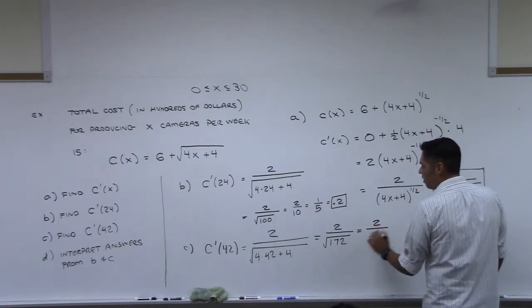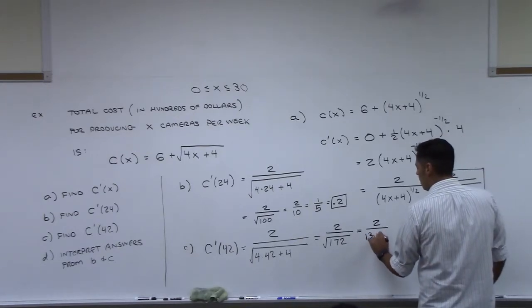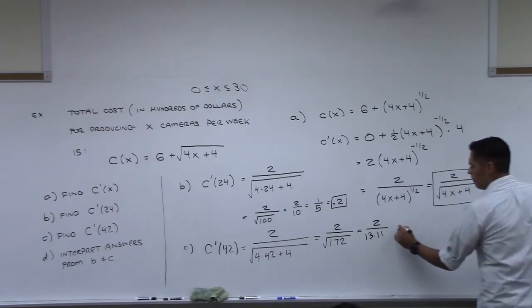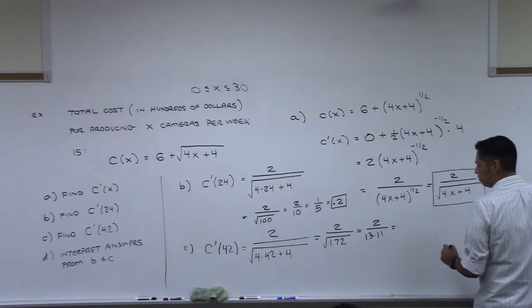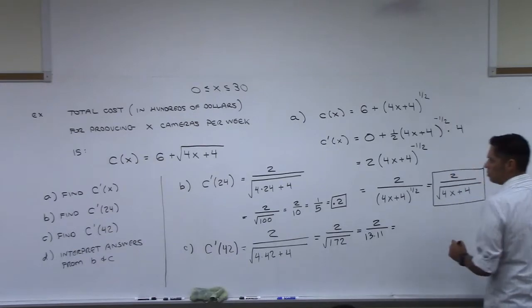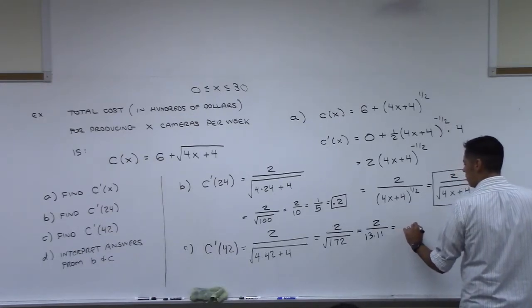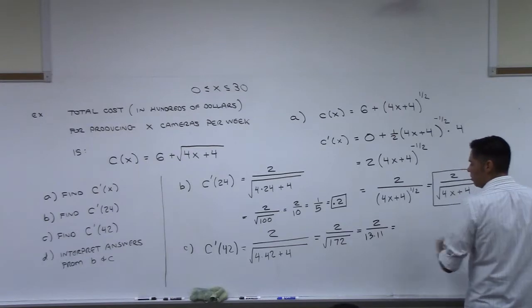2 over, what's root 172? 13.11, something like that. So then 2 divided by that, and let's get a decimal. No, I think you did it backwards: 2 divided by 13.11 should not be 6.